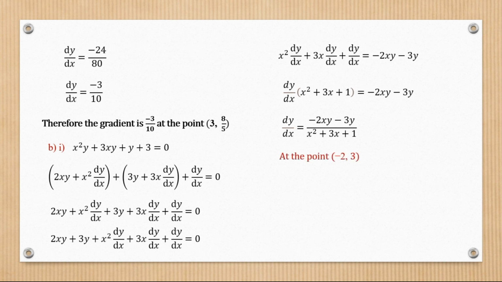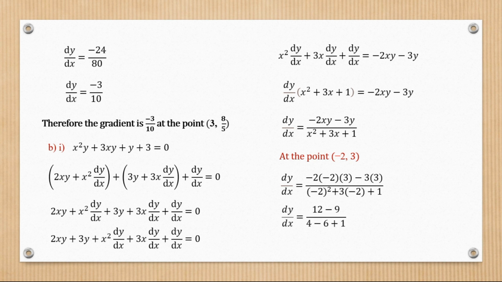So now the point (-2, 3), I can plug in the values for y and x, and that's what I'll have. I have (12 - 9)/(4 - 6 + 1), which is the same as 3/-1, of which dy/dx shall be equal to -3. So the gradient at that point is -3. Therefore, that is the gradient at the point (-2, 3).